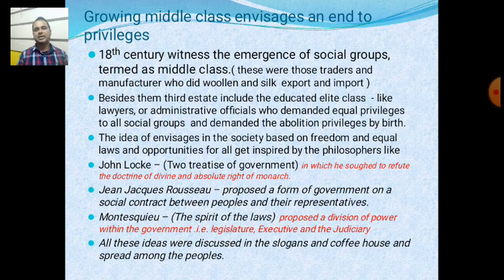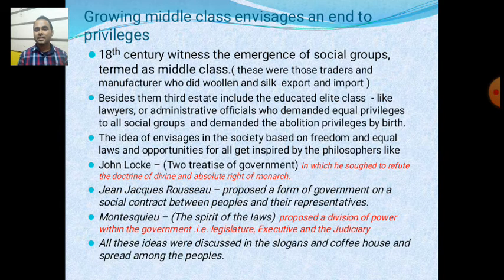This is one aspect. Another, this group of people were a highly educated class. They constituted not only the manufacturers and the traders, they were the lawyers, they were the administrative officials.